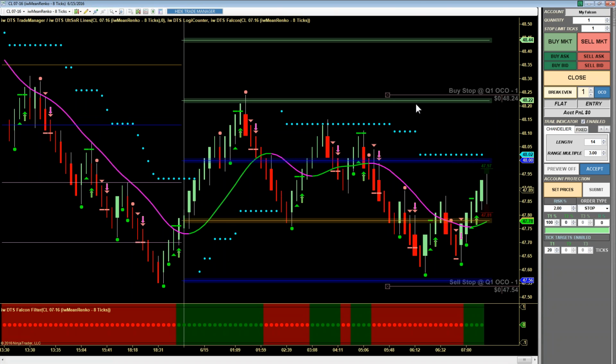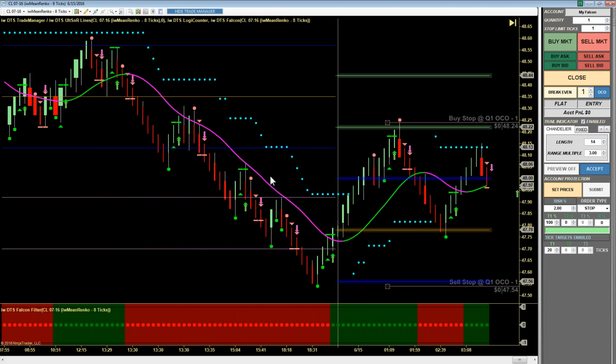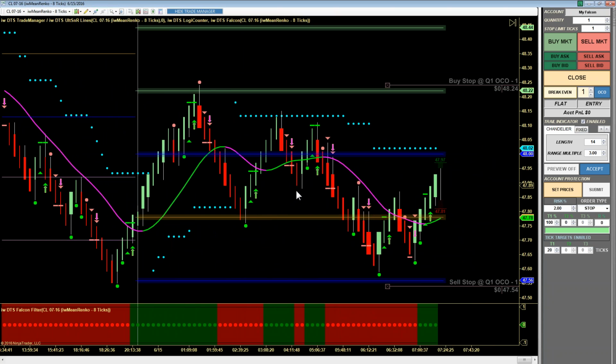So I'm placing a stop above here, my entry below here. Trade Manager, I've enabled the chandelier stops, which you can see are a little bit more conservative. They don't whip back and forth so much, which is what I think I want when the market is just starting to open.